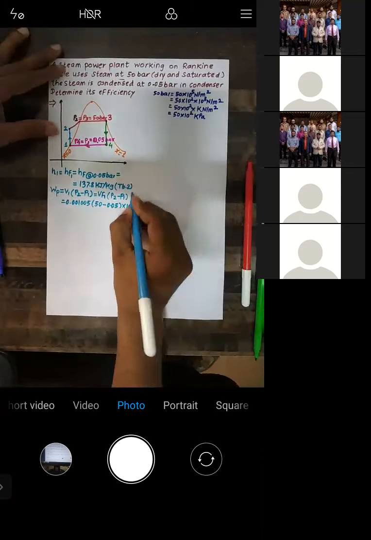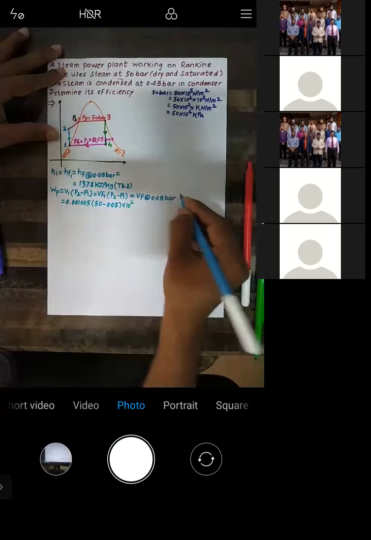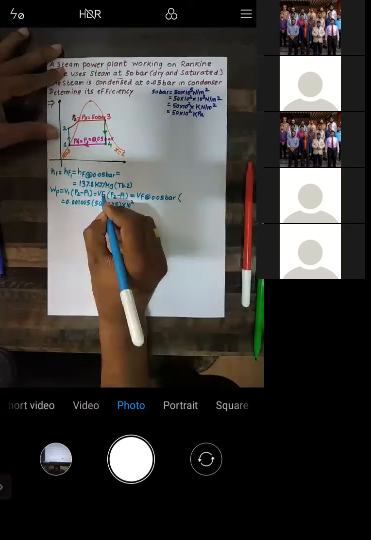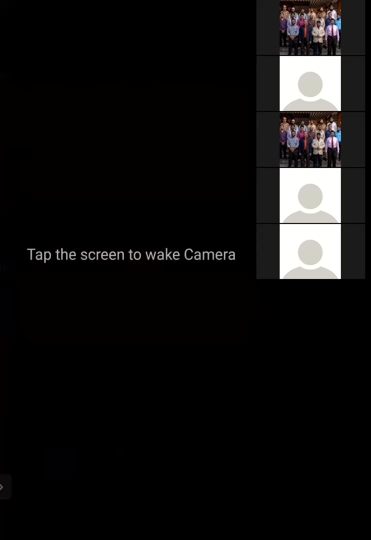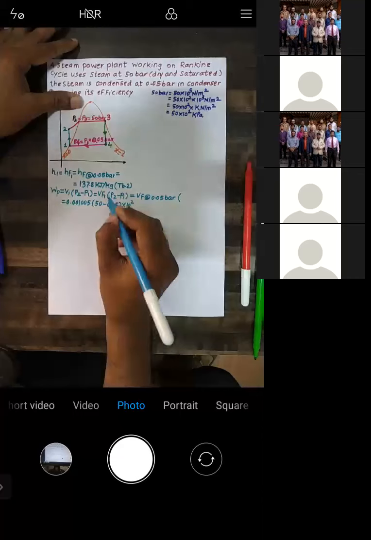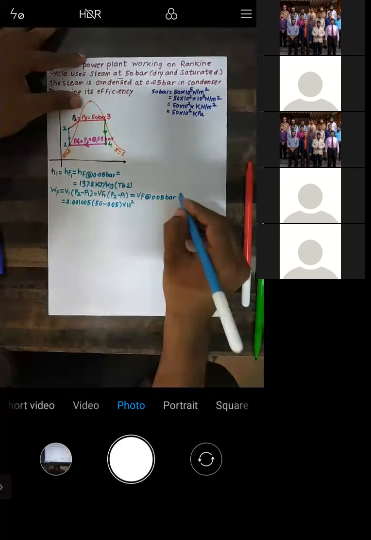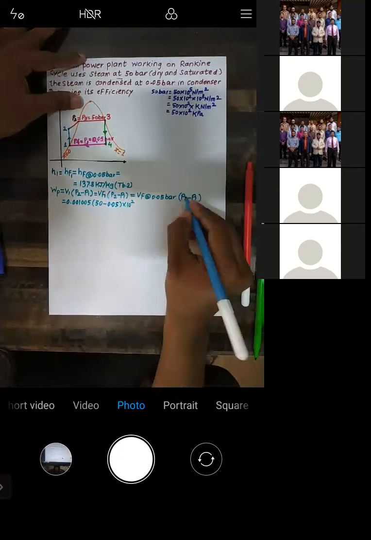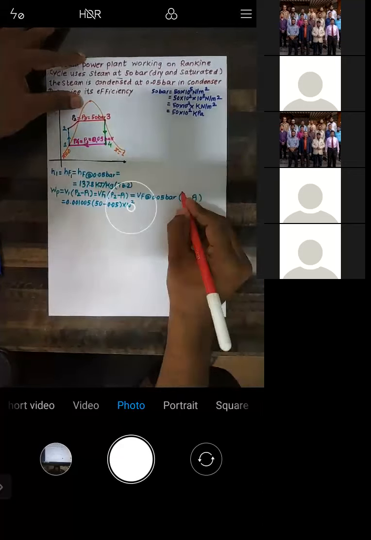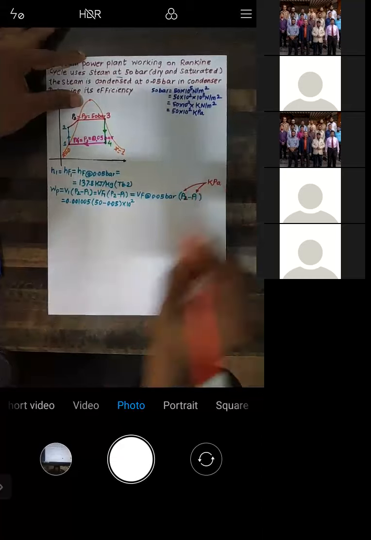It is Vf at 0.05 bar, the pressure at point number 1, into P2 minus P1. I wrote one more step, but these two have to be in kilopascal, so that I put.